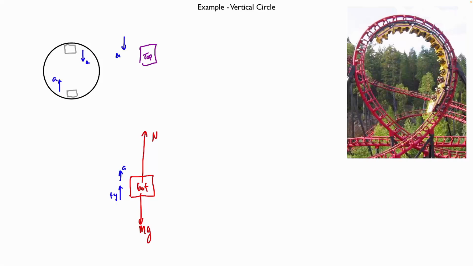So now at the top, which way is gravity pointing? Does that change just because you're on a loop-de-loop? No. Which way is the normal force pointing? Down? Why is it pointing down? Because you're upside down. The plane of contact, it feels uncomfortable.